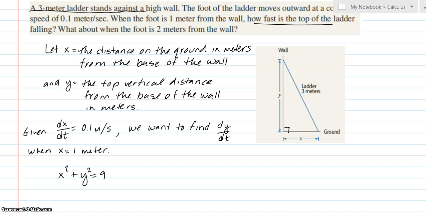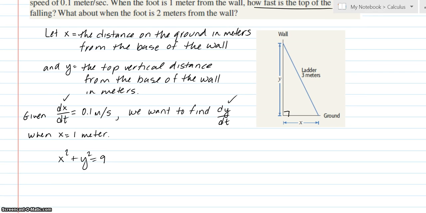If we find dy/dx, which is what we did in the past, it's not going to help us, because we want to find dy/dt, and we're given dx/dt. So I'm going to take the derivative with respect to t of both sides.